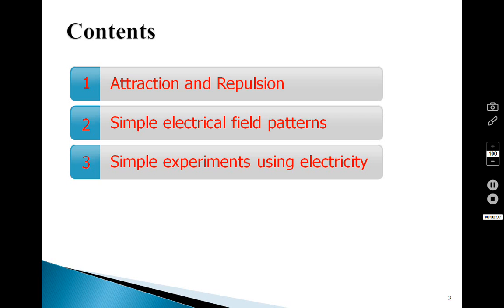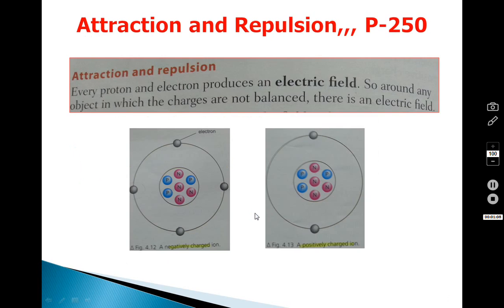So please open your book on page 250. The title is attraction and repulsion. As we discussed before, attraction is a force, repulsion also is a force, but there is a big difference between attraction and repulsion.